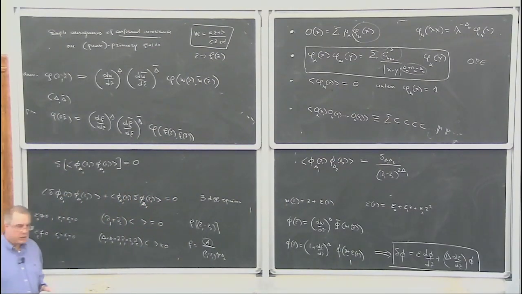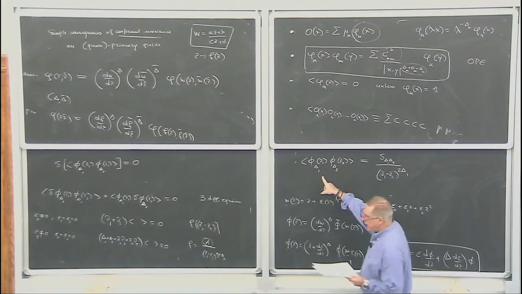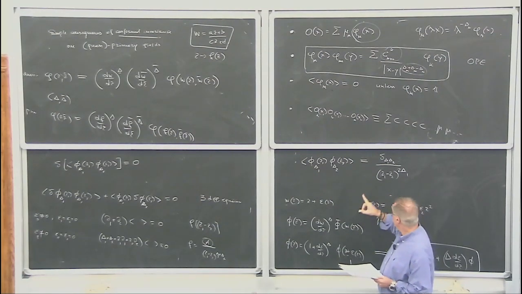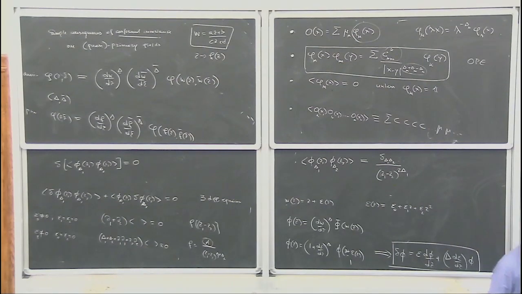Do it. And the result is that the two-point function of two scaling operators vanishes unless the scaling operators share the same dimensionality. This is an absolutely beautiful result, as you will see. Okay? So two scaling fields which do not have the same scaling dimension are orthogonal.